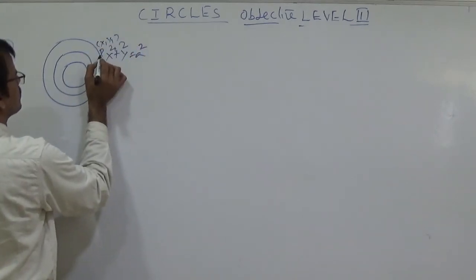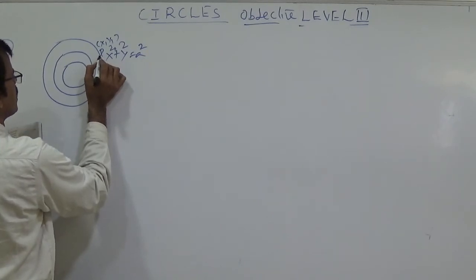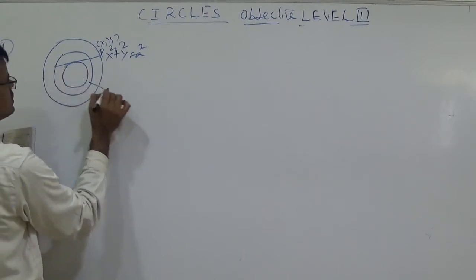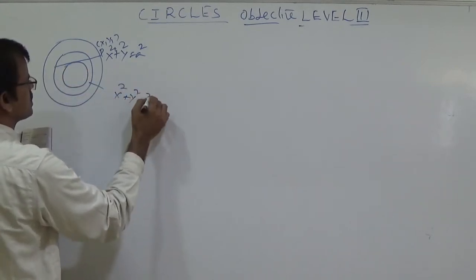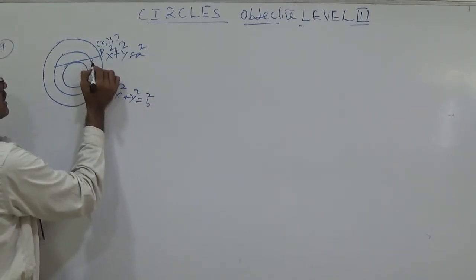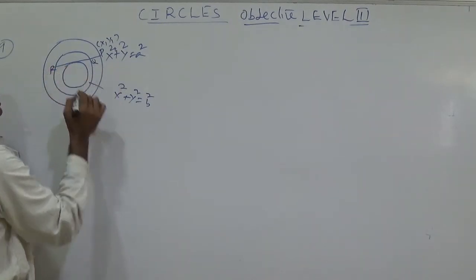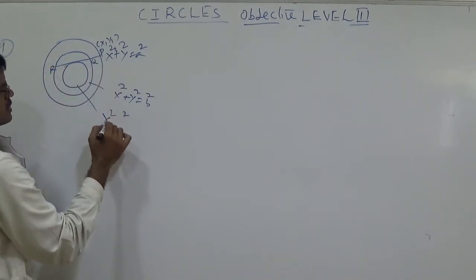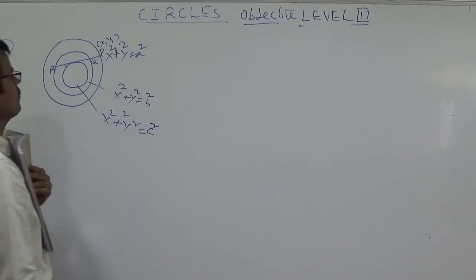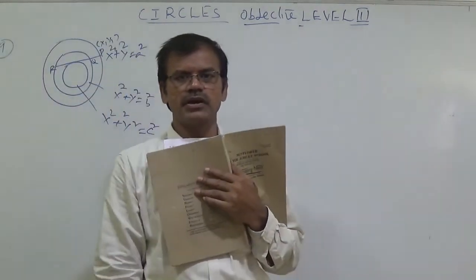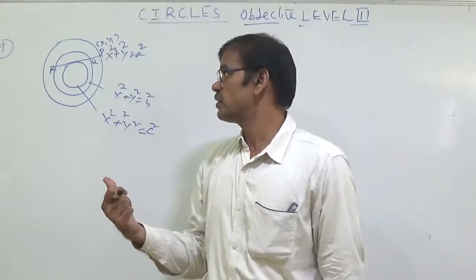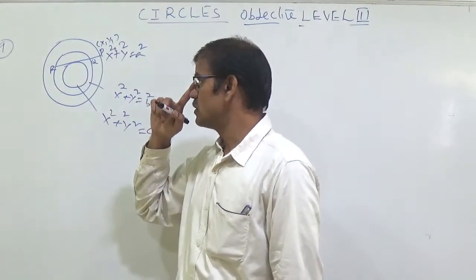From this point, we draw the chord of contact of this circle x square plus y square equal to b square. And the chord of contact of the second circle is a tangent of the third circle, x square plus y square equal to c square. So whatever the point P is, the point P x1 comma y1 lies on the circle x square plus y square equal to a square. From that point, we draw the chord of contact.